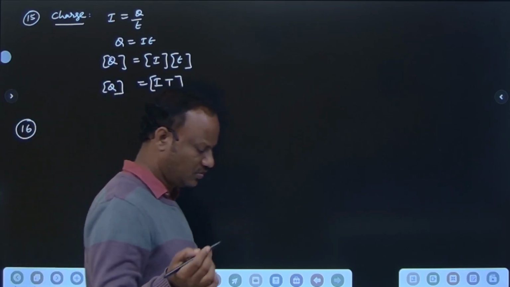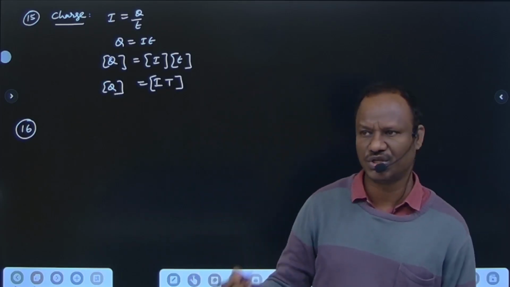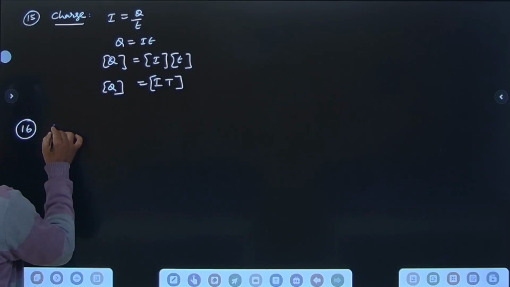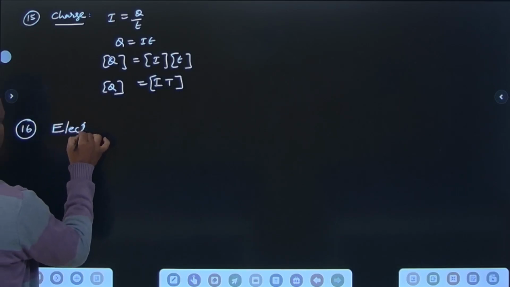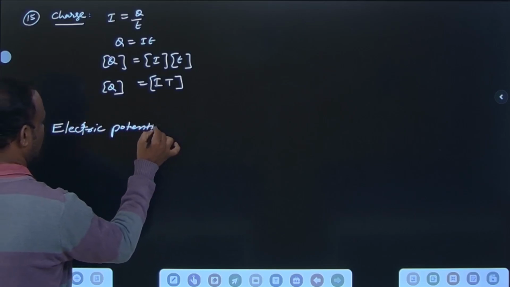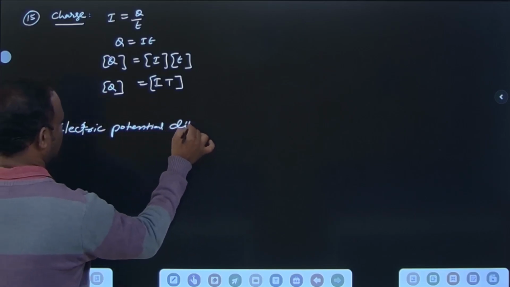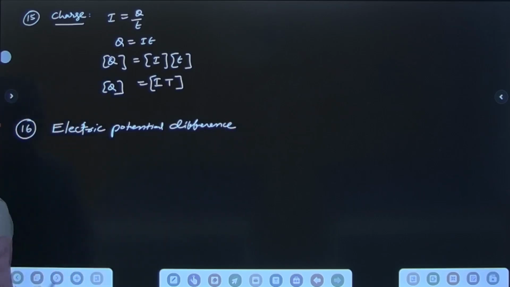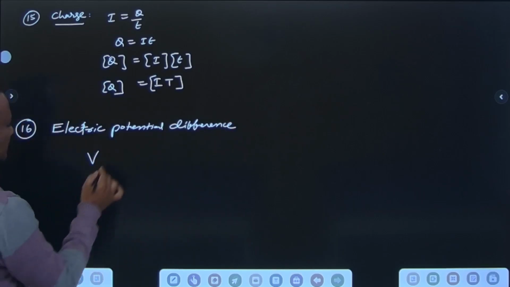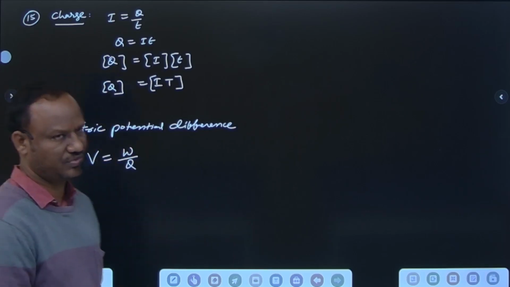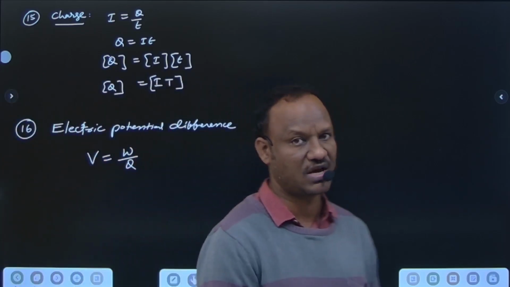Next, number 16. If I want to know the electric potential or electric potential difference, you can go through this. Potential difference V is equal to W by Q, where W stands for work done and Q stands for charge.